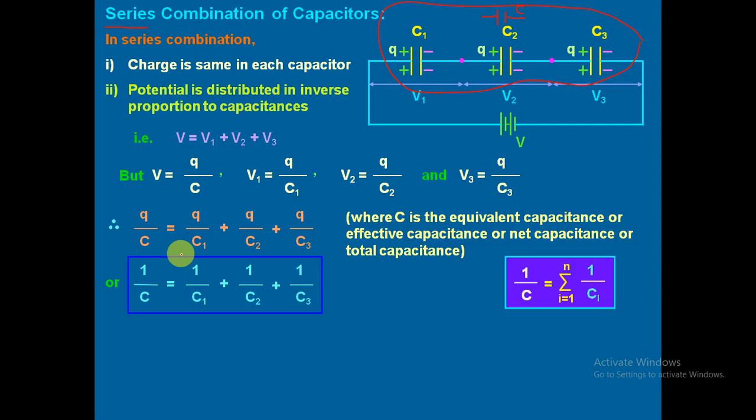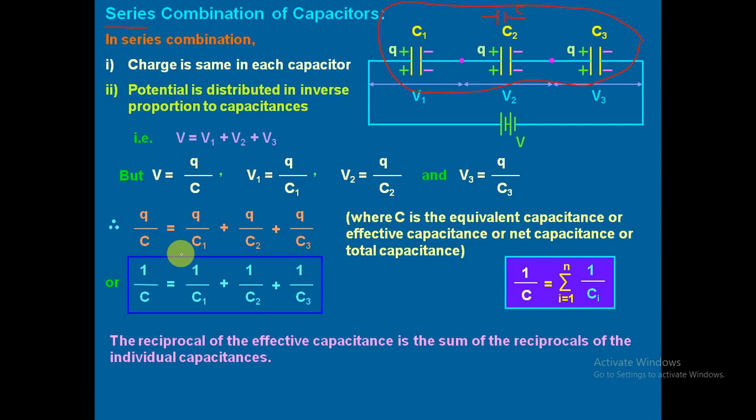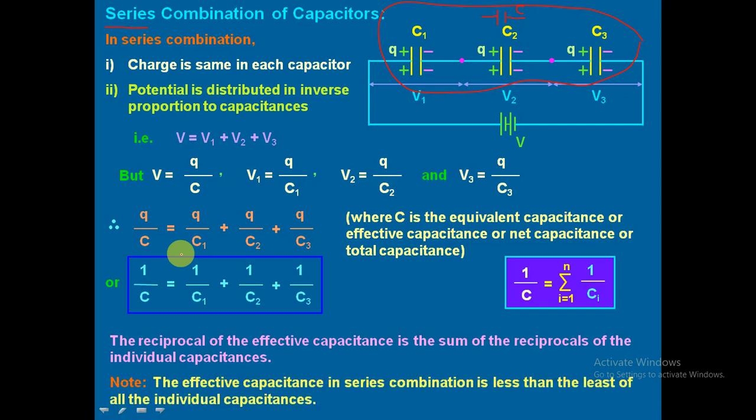So what we can conclude from here is that when the capacitors are connected in series, then the reciprocal of the equivalent capacitance is equal to the sum of the reciprocals of all the capacitances. The effective capacitance in series combination is less than the least of all the individual capacitances.